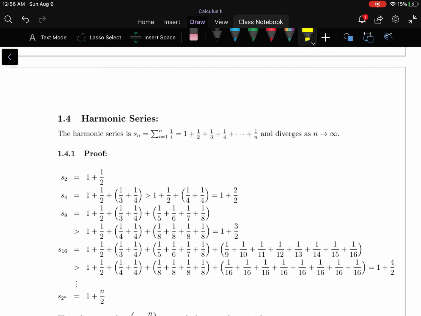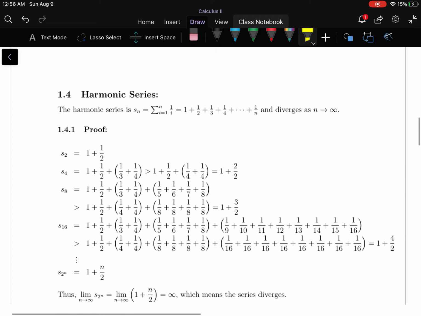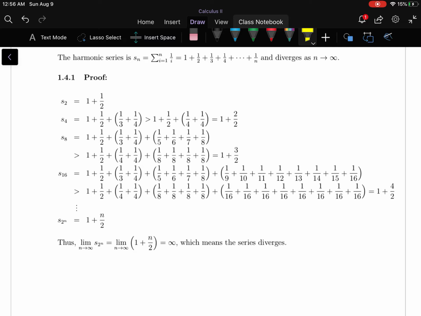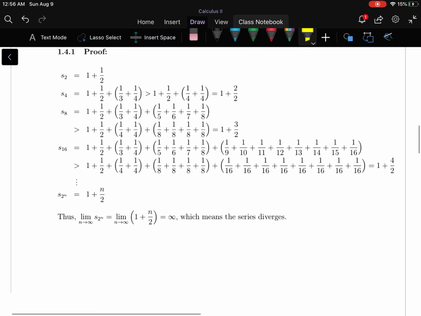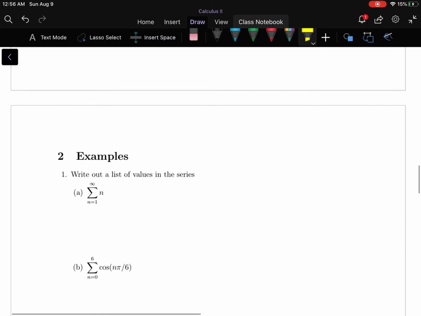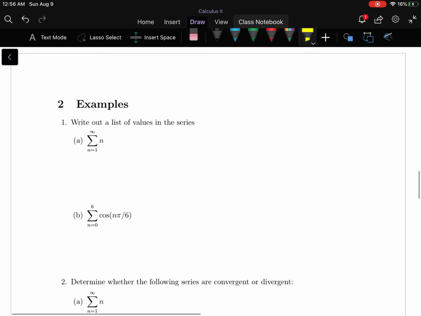So it's good to be aware of that. A harmonic series diverges, and there's a proof here showing that it diverges, but I will leave that to you to look at on the side. It's not necessarily an intuitive proof, but it's cool how it works out.